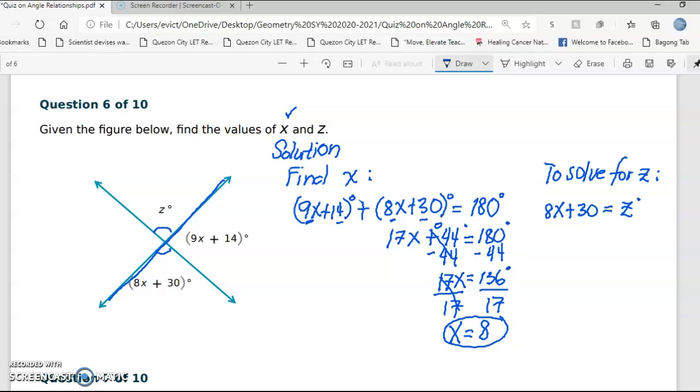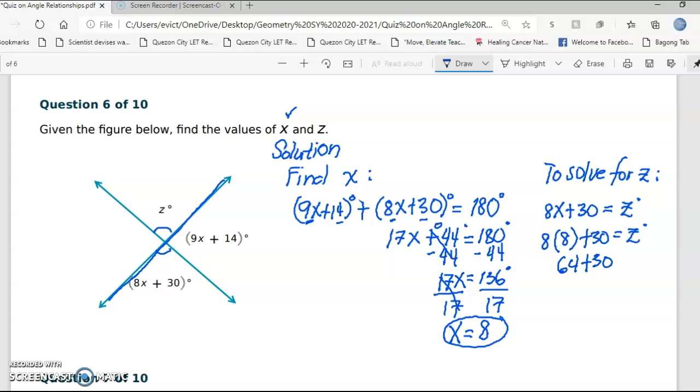They are vertical angles, right? We can equate them because they are vertical angles. So now we know the value of x, so we can just substitute the value of x, which is 8, in 8x plus 30 equals z. 8 times 8 equals 64, plus 30.